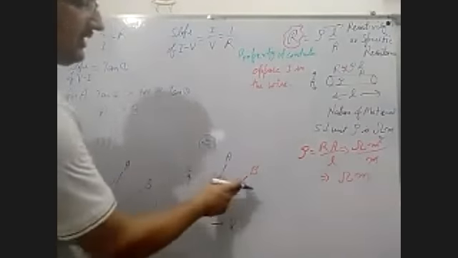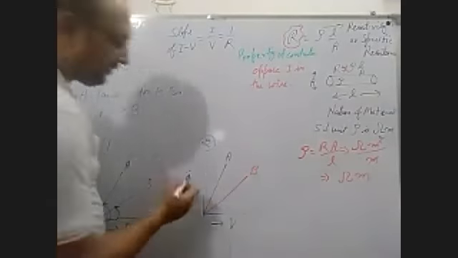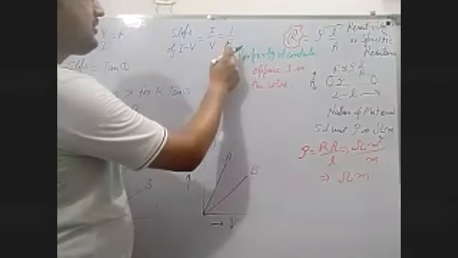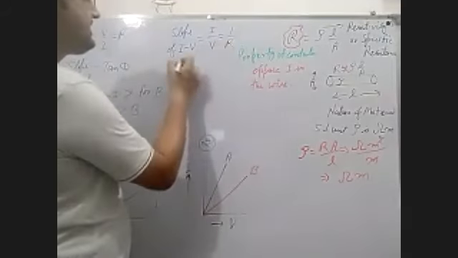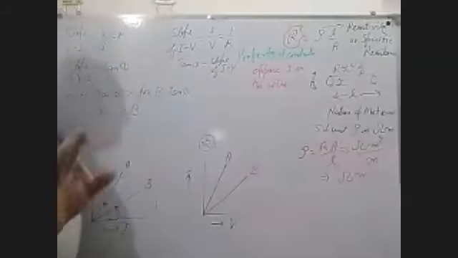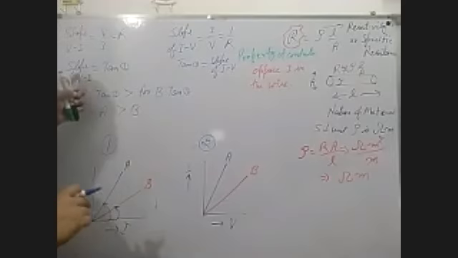But in this, the reverse is there. Because this is the IV graph, this is the reciprocal of resistance, and we know that the slope of IV is tangent theta. Tangent theta you have to take in both the cases, but this is IV, this is VI.